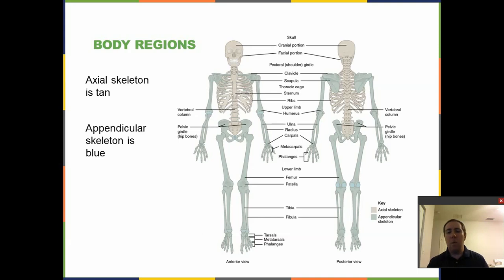I don't know who thought this was a great idea to use two colors that are almost identical. But this more bluish color gray is the appendicular skeleton. It makes up the appendages. The axial skeleton is the slightly less blue gray that makes up our trunk. Okay, so those are two body regions.